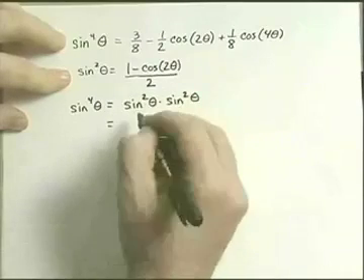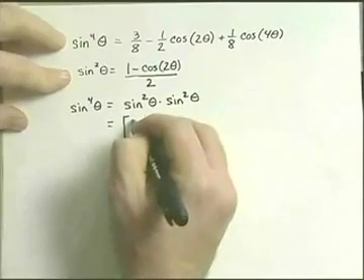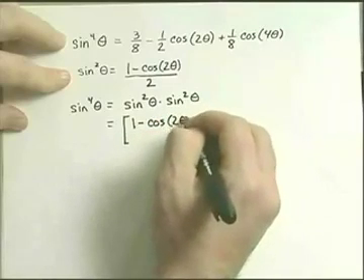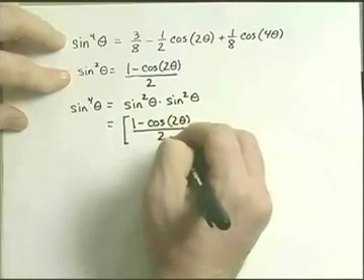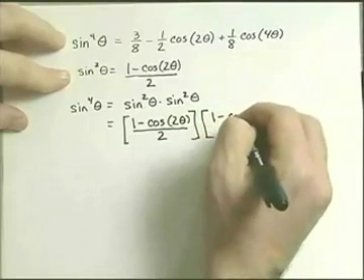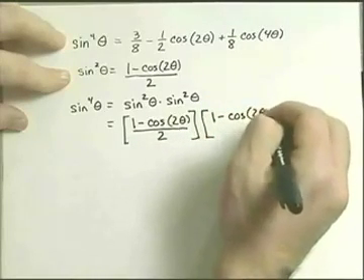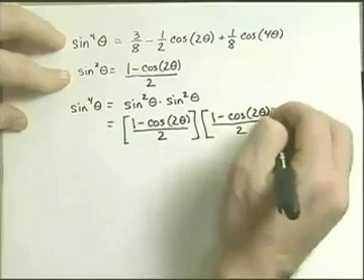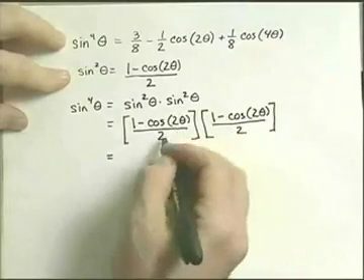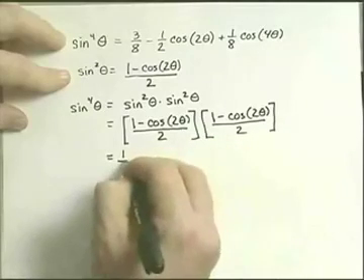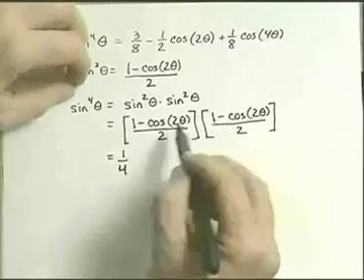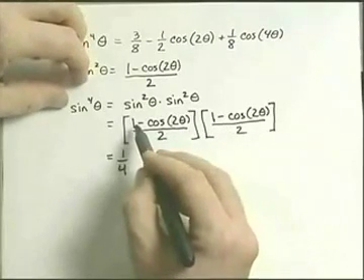So now I can say that sine squared of theta is 1 minus the cosine of 2 theta all over 2, times 1 minus the cosine of 2 theta all over 2. To make life easy, I'll just pull these denominators of 2 out as a fraction of 1/4, and then I'll multiply the numerators using the FOIL method.